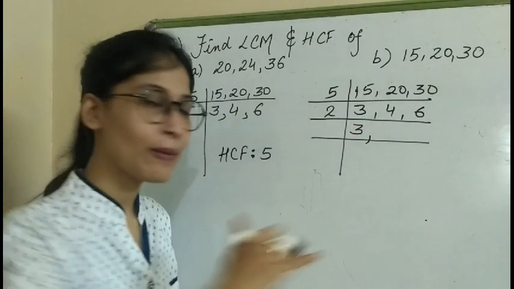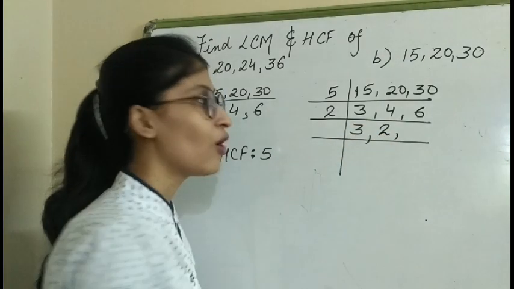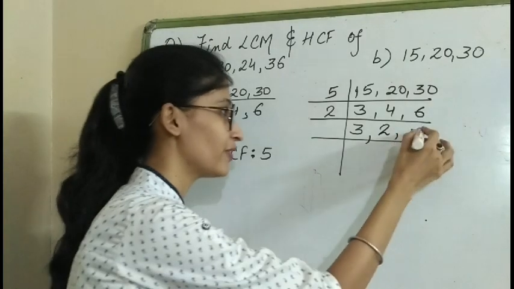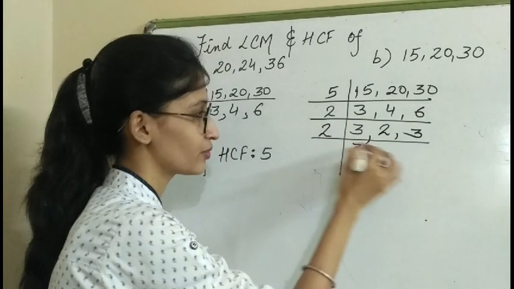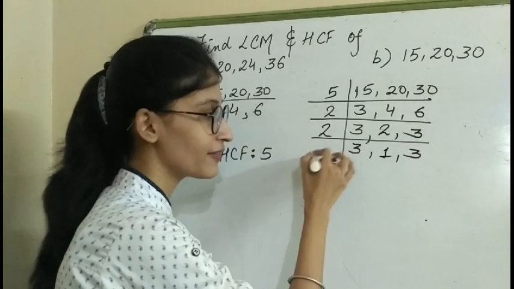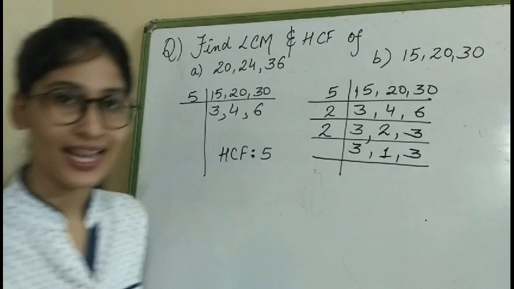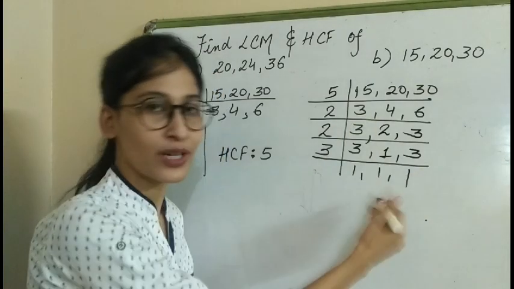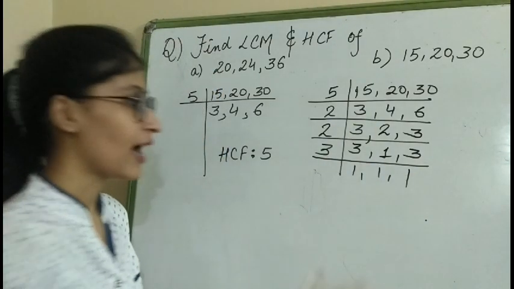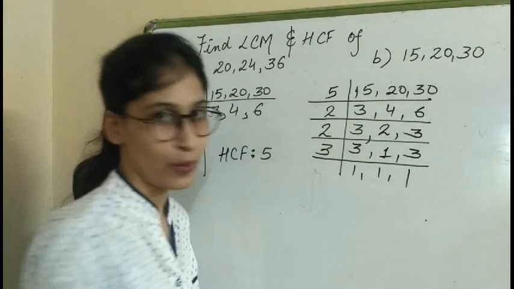On dividing 4 by 2, I am going to get 2. On dividing 6 by 2, we will get 3. Again 2. 3 is not divisible by 2, so I have written 3 as it is. Next, I have to continue this till I got 1, 1 and 1.